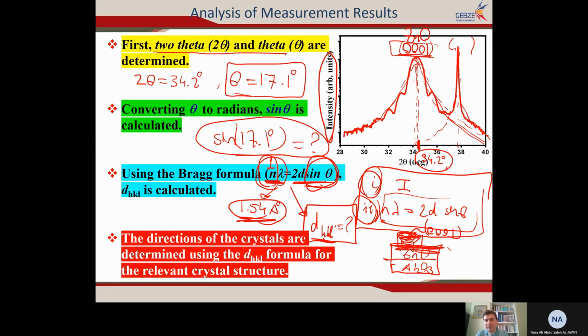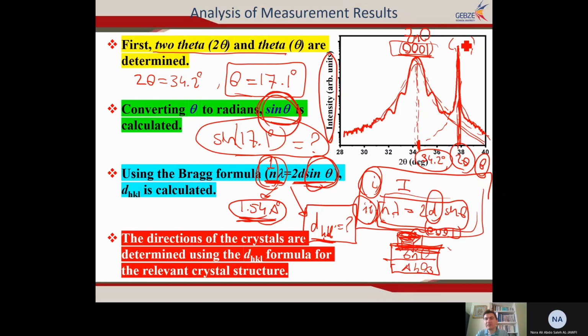And what about this peak? Just calculate 2 theta here, calculate theta, calculate sine theta, and put this information into Bragg's law. Then you can calculate d, which comes from this peak.